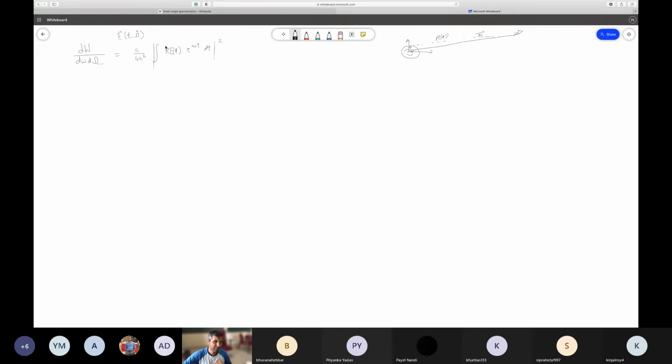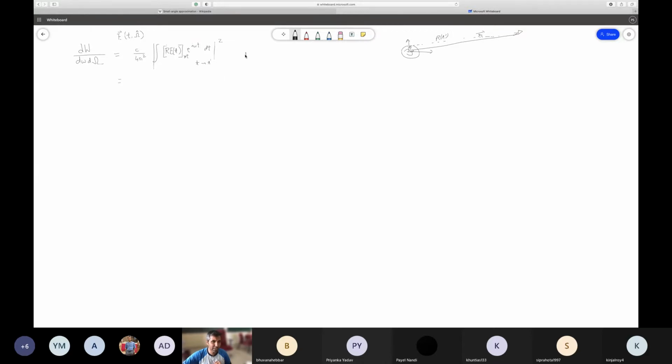So this is actually the electric field calculated at the retarded time, and by making a transformation from t to t prime, the retarded time, we got an expression which I will just write down.